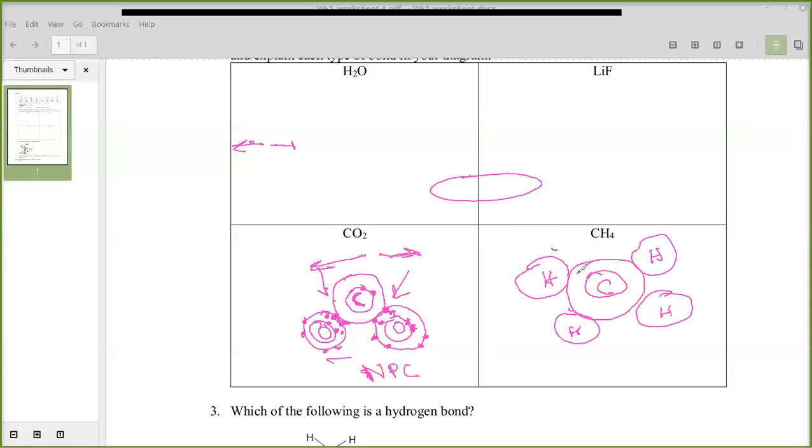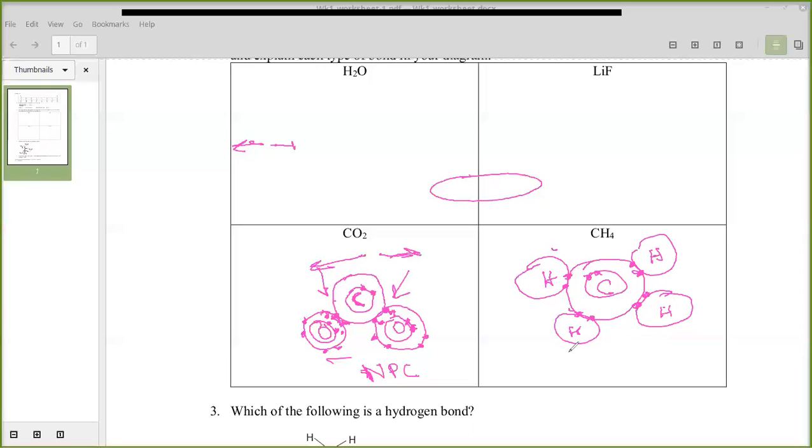And then how many electrons would be interacting here? How many electrons should I put here? 2. Then 2, 2, 2, then you have 2 over here. So 1, 2, 3, 4, 5, 6, and 1, 1, 1, 1.